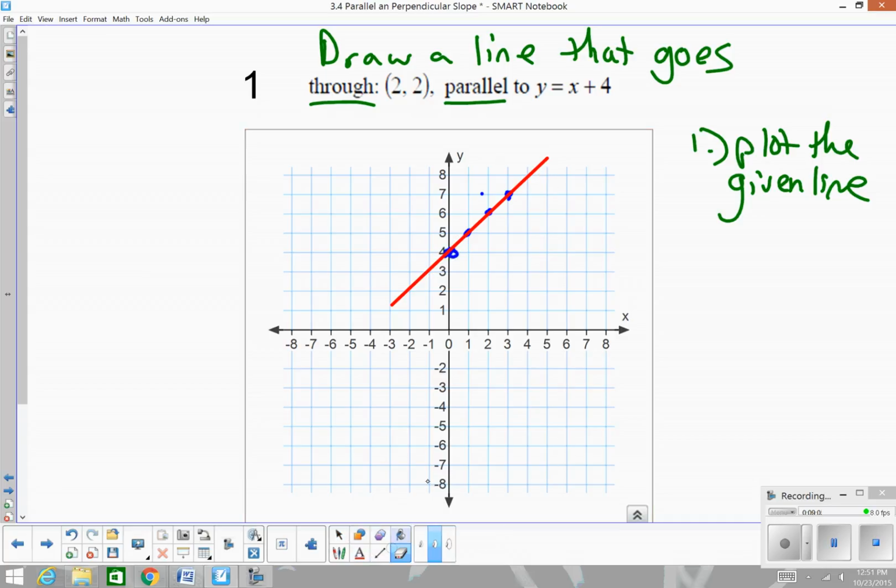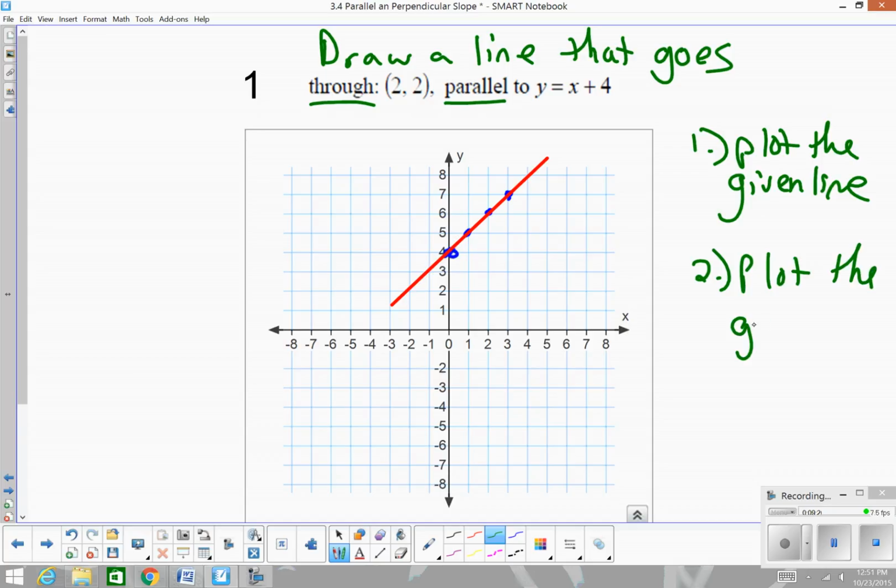Now, I want to draw a line that's parallel to that line, but goes to the point 2, 2. So if I plot the given line, the next I want to plot the given point.